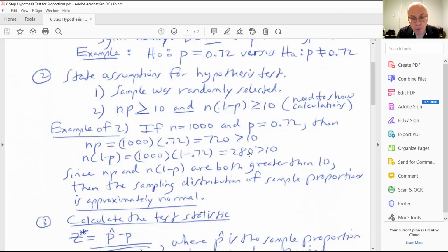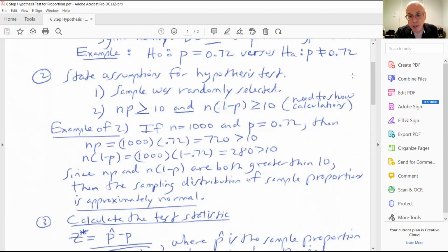And then the next one's 280, that's greater than 10. And you could say yes, because both NP and N times 1 minus P are both greater than or equal to 10, the sampling distribution of sample proportions is approximately normal. All right, that's how you do it, exactly the way I just showed you there. If you want to pass the final, you've got to do stuff like this.